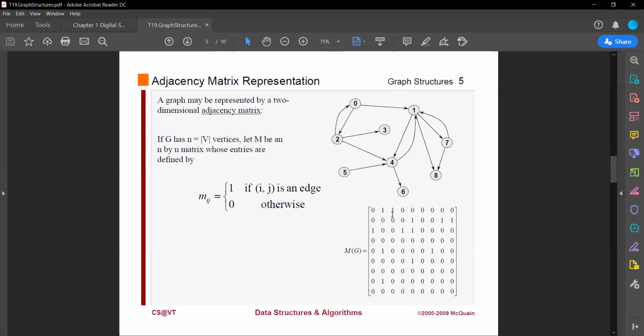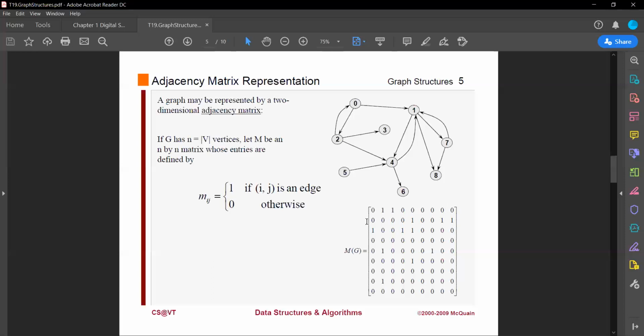Is there any edge from 0 to 3? No. There is no edge from 0 to 4, 0 to 5, 0 to 6, 0 to 7, and 0 to 8. There are no direct edges. That's why we put 0 here.